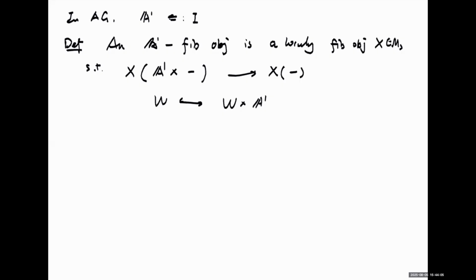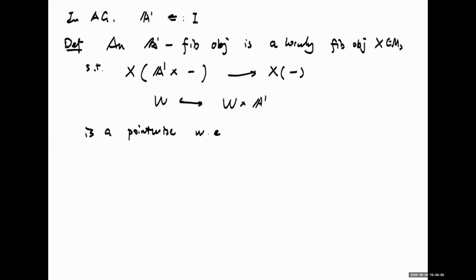This one is a pointwise weak equivalence. So an A1-fibrant object is some space so that for all the locally fibrant things, it doesn't change the homotopy on it.